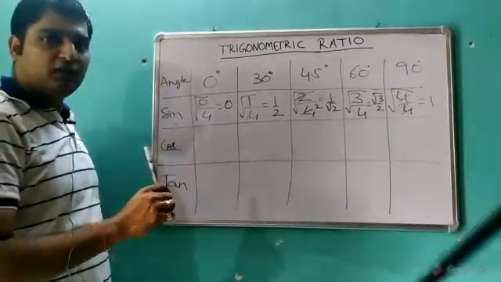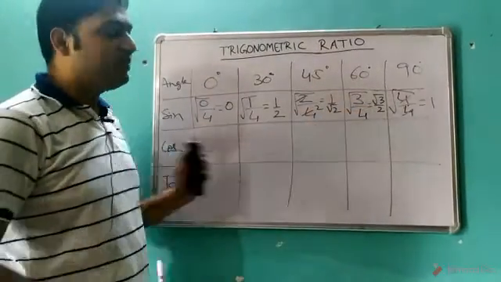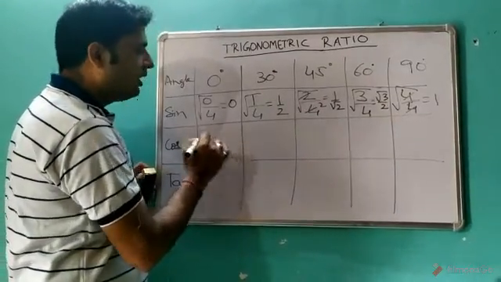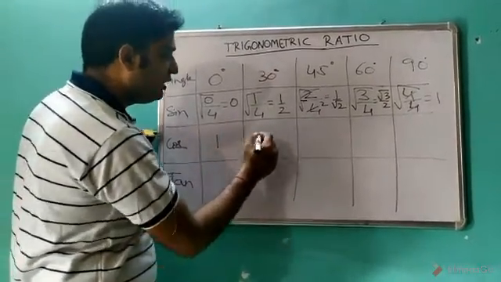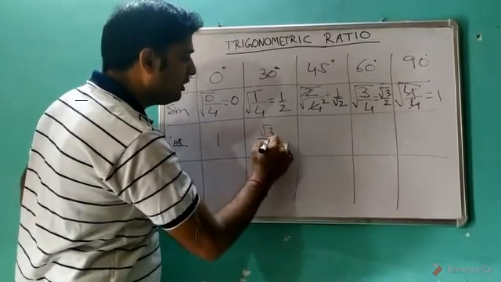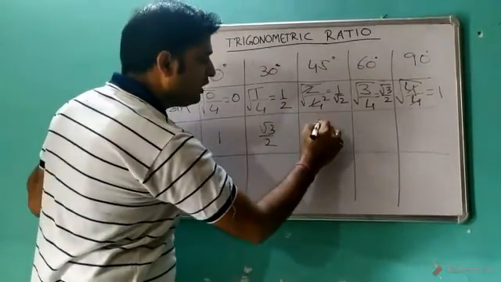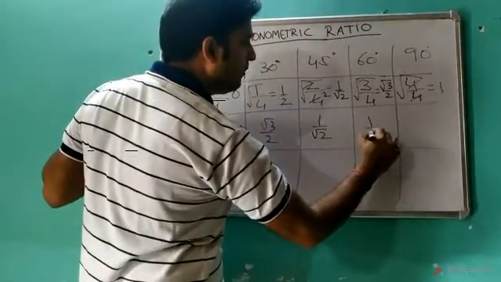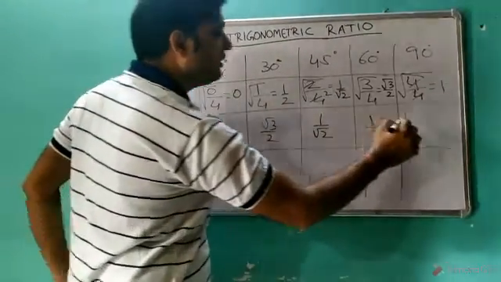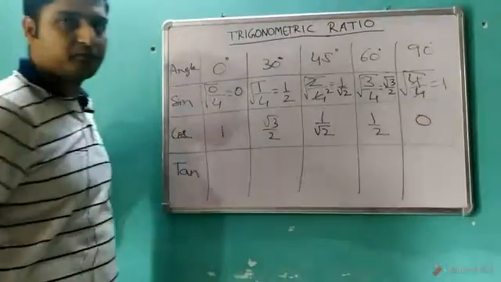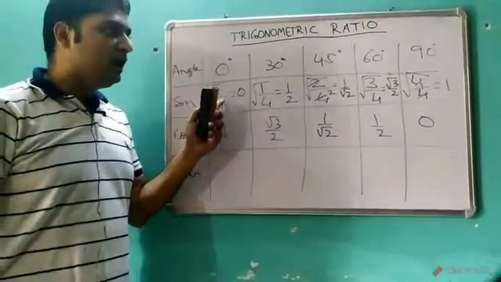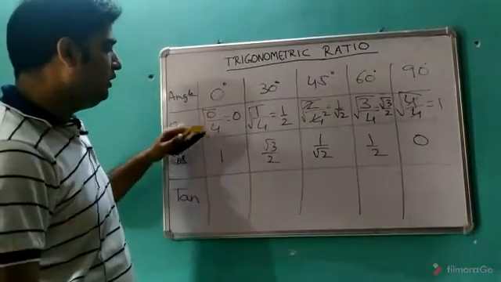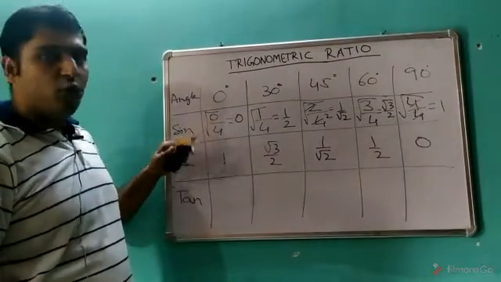Now in case of cos, we just reverse the terms, which means cos 0 has value 1, cos 30 is root 3 by 2, cos 45 is 1 upon root 2, cos 60 is 1 upon 2, and cos 90 is 0. Now we get the third term, that is the tan value. For tan, we just divide sine over cos.